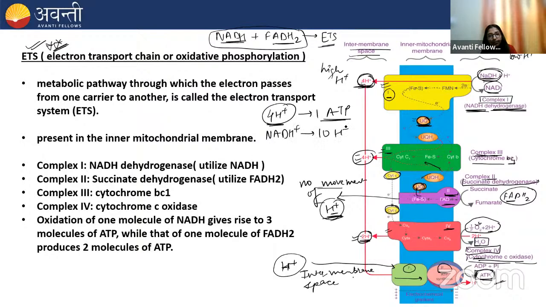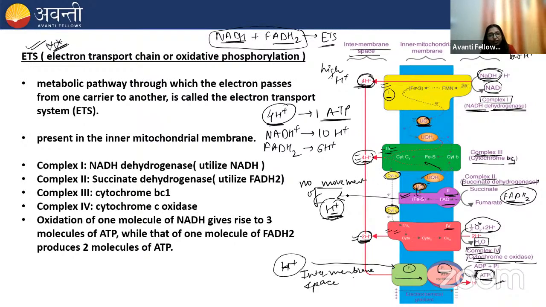10 protons. Right? But when we are using FADH2 as a source of energy, in that case, complex 2 is active. Complex 2, then ubiquinone, complex 3, and complex 4. Then we are getting 4 and 2, that is 6 protons. Right? Because complex 1 is not active when FADH2 is used as a source of energy.